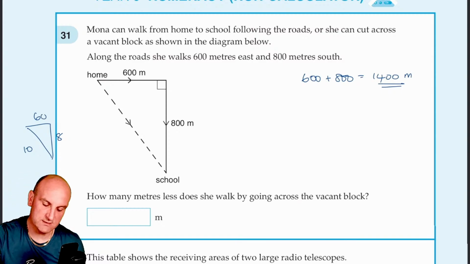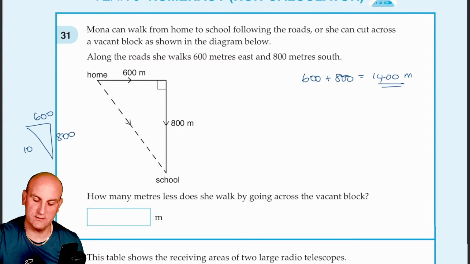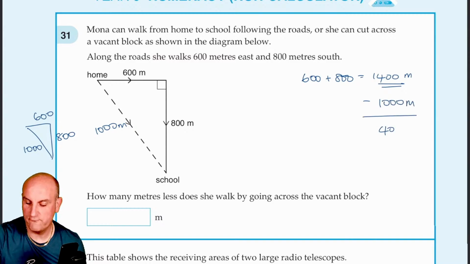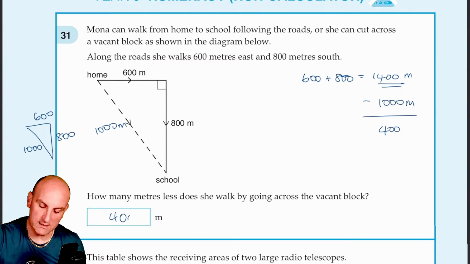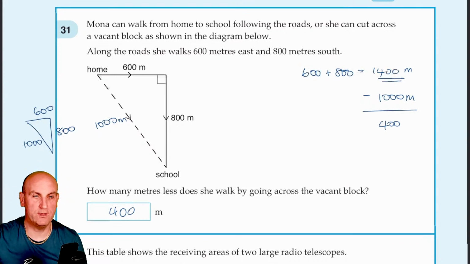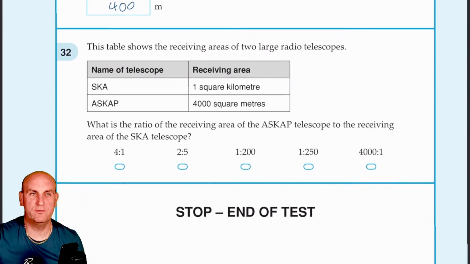Well, if I times each of those by 100, I get 600, 800, and 1,000. So if she goes directly, she's going to do 1,000 meters. So the difference, if we take away the 1,000 meters, gives me 400 meters. So how many less does she walk by going across a vacant block? It's 400 meters.